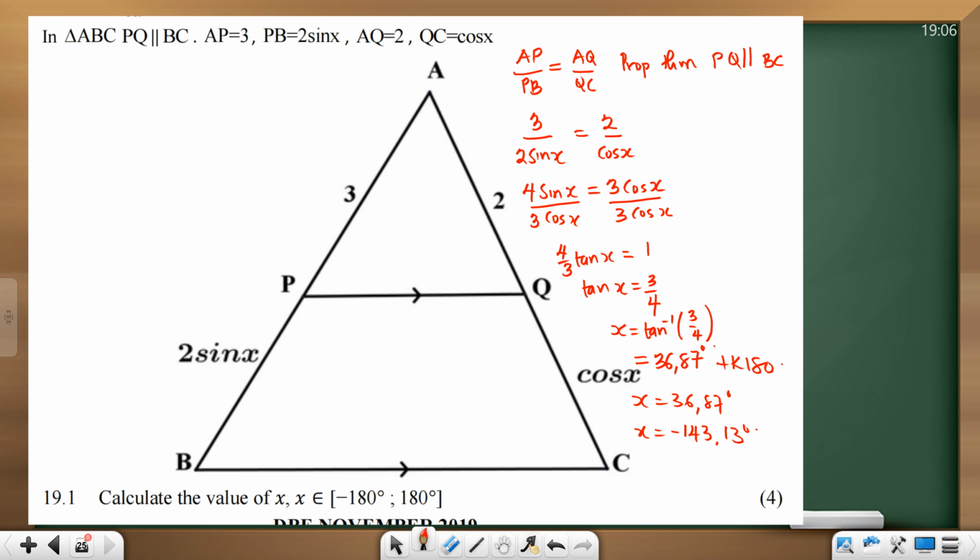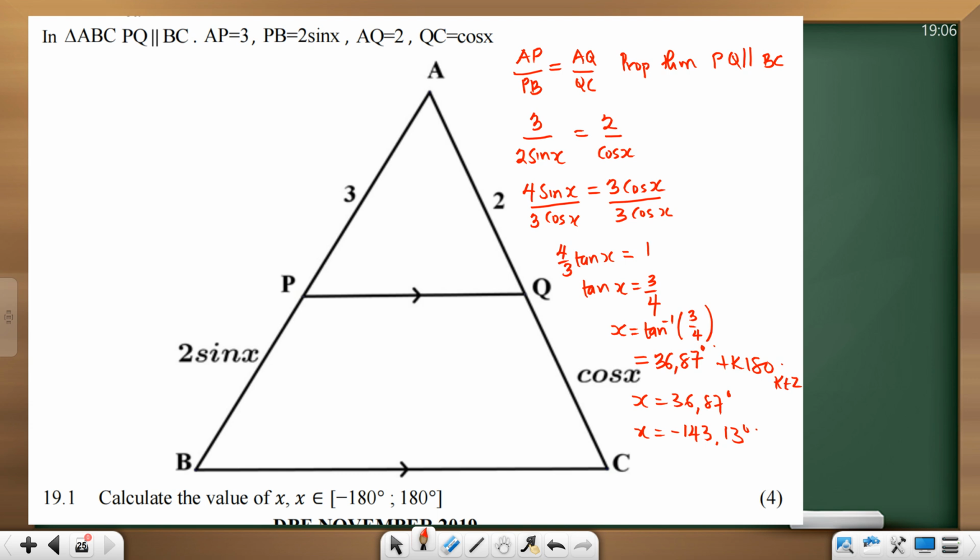Why are you subtracting 180, sir? Because k is an element of integers. In trigonometry, my integers are 1, negative 1, 2, negative 2, 3, negative 3, like that.